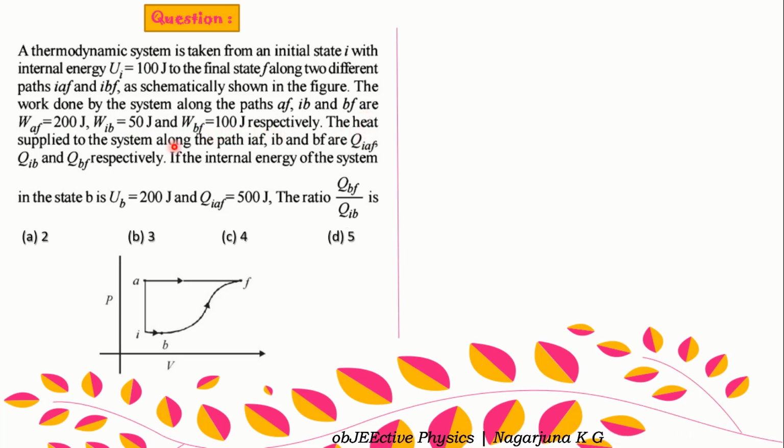The heat supplied to the system along the paths IAF, IB and BF are QIAF, QIB and QBF respectively. If the internal energy of the system in the state B is UB equal to 200 joules and QIAF is equal to 500 joules, the ratio QBF by QIB is, observe the graph also given in the question.